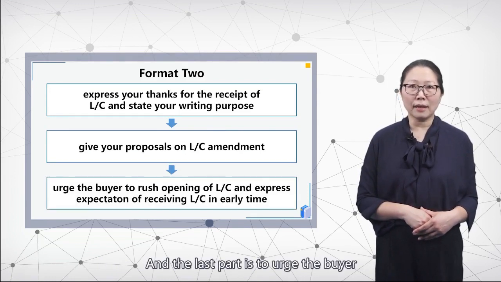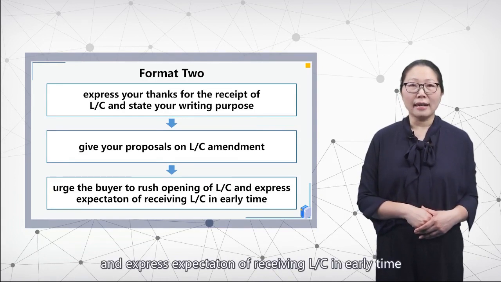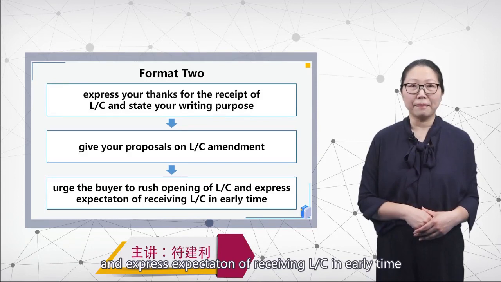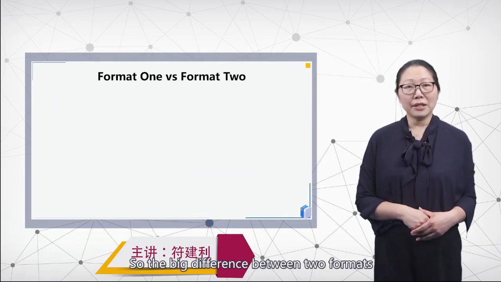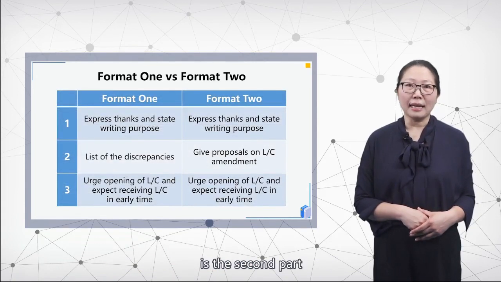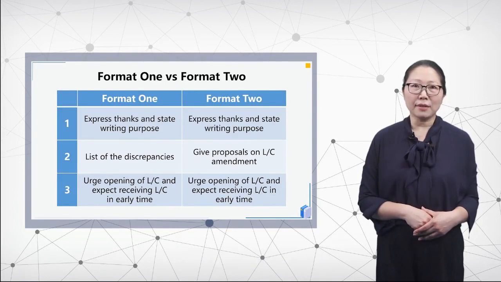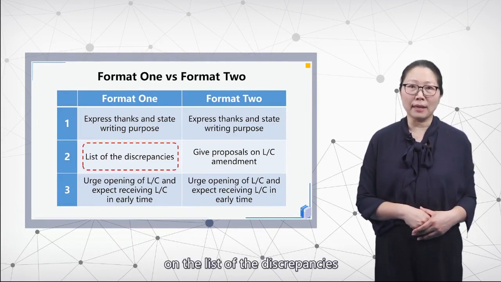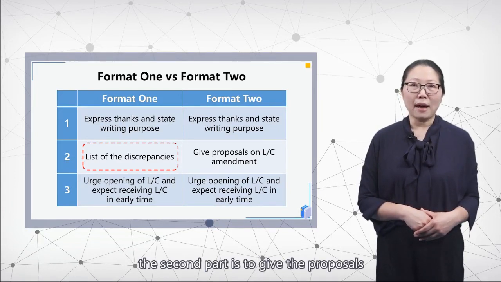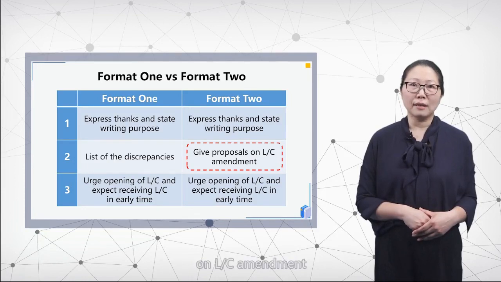And the last part is to urge the buyer to rush the opening of the LC and express expectation of receiving the LC early. So, the big difference between the two formats is the second part. In format 1, the second part emphasizes the list of the discrepancies, while in format 2, the second part is to give the proposals on LC amendment.